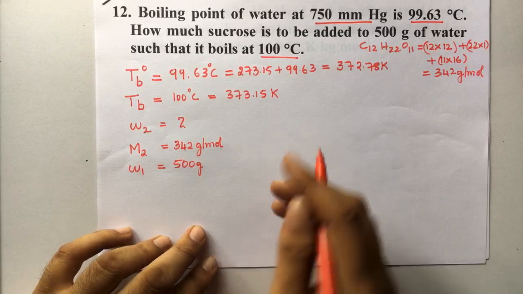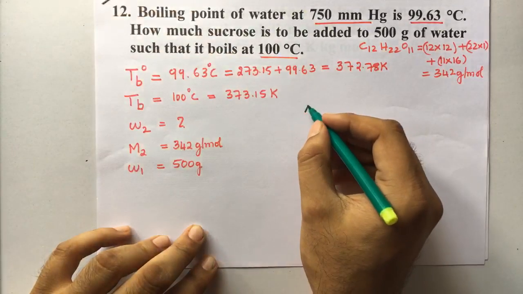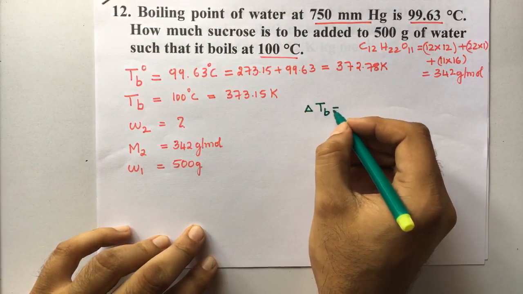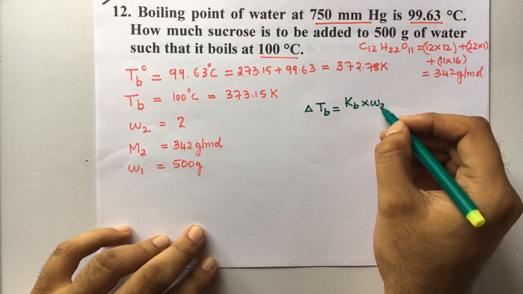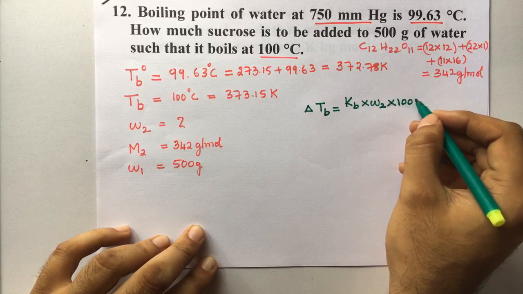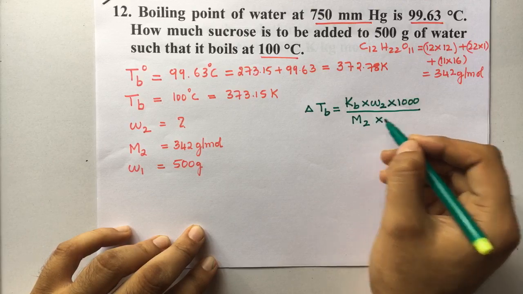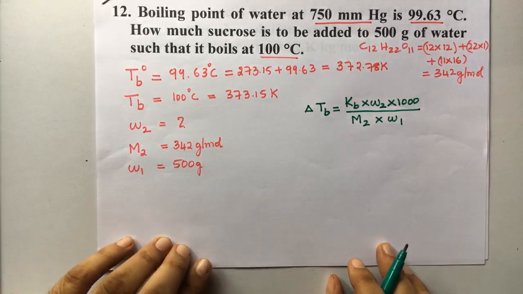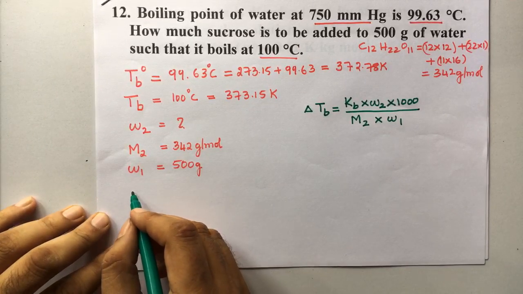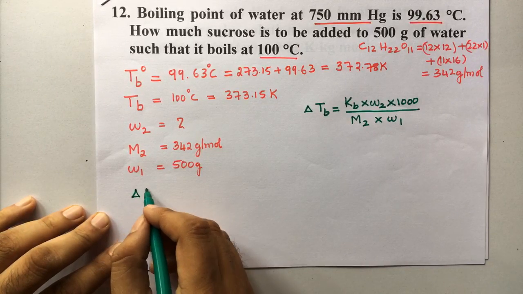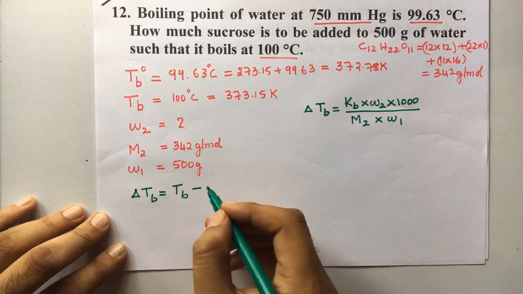So we know the formula: delta TB is equal to Kb multiplied by W2 multiplied by 1000 divided by M2 into W1. We need to calculate delta TB. We know the formula to calculate delta TB: delta TB is equal to TB minus TB naught.